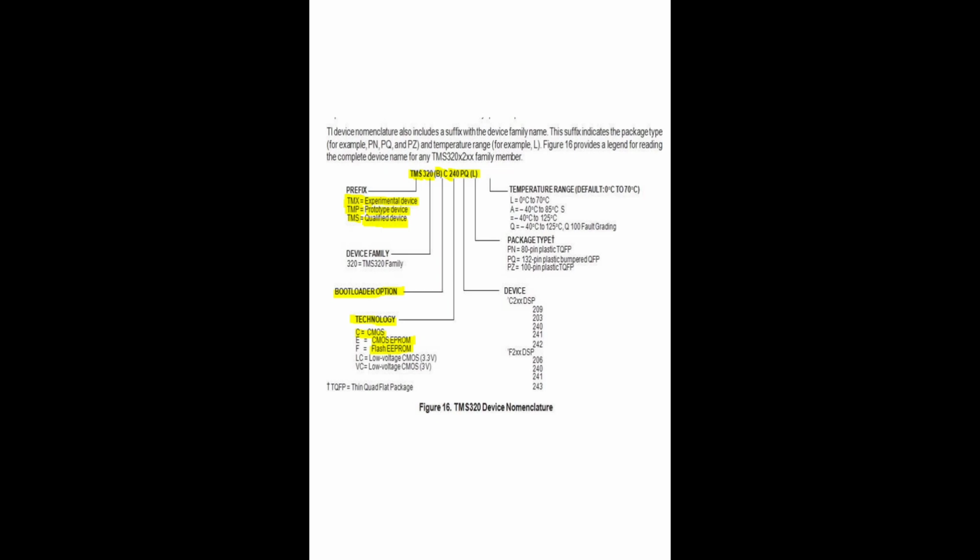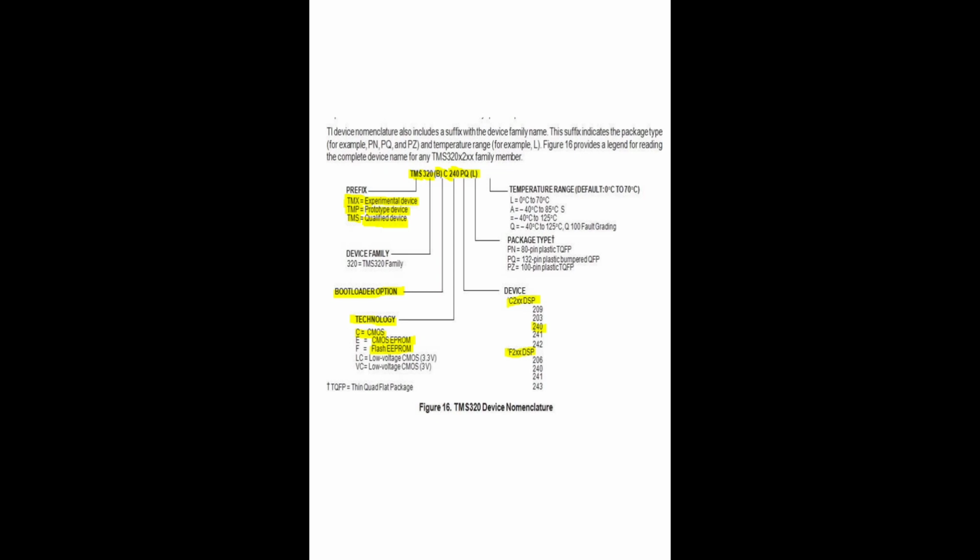Then 240 means whether it is under the C2XX DSP core or the F2XX DSP core. It talks about the core. Here it's mentioned 240, that means this 240 is under the C2XX DSP core. So the core you're going to use is the C2XX core.